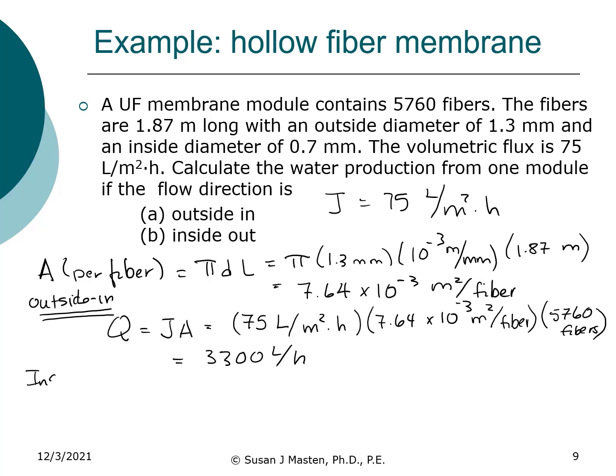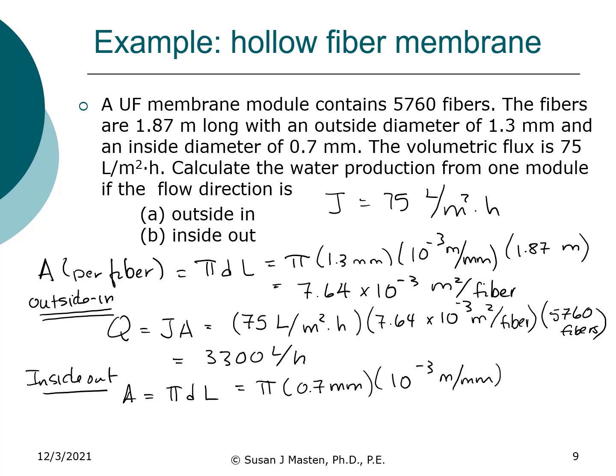Now, with an inside-out configuration, it's the area that will be different. So the area equals pi dl. Now we'll use the inside diameter, and that is equal to pi times 0.7 millimeters times 10 to the minus 3 meters per millimeter times 1.87 meters, and that is equal to 4.11 times 10 to the minus 3 meters squared per fiber.